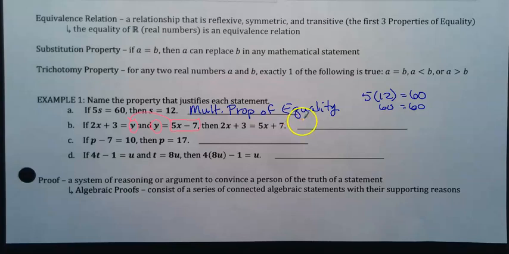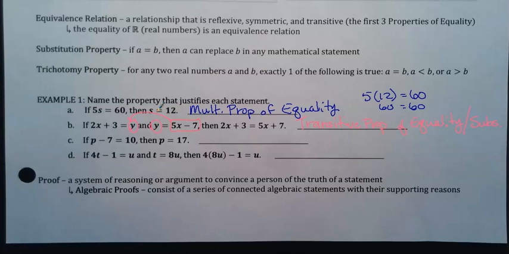Okay, this one could actually have two. I hope maybe you saw them. This could be the transitive property of equality, or this could also be substitution, because you're substituting one into the other. So either of those. Sometimes they have similar things, and you could use either one.